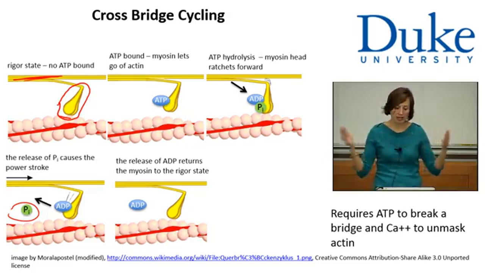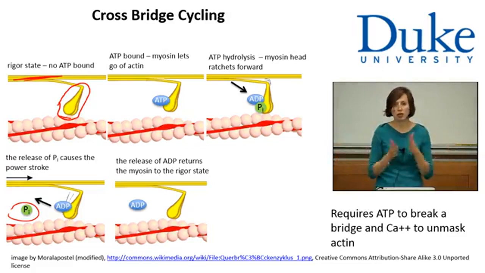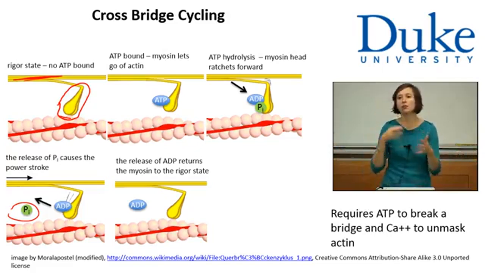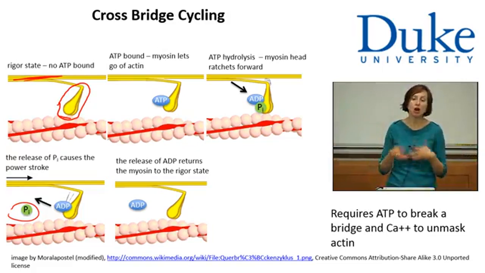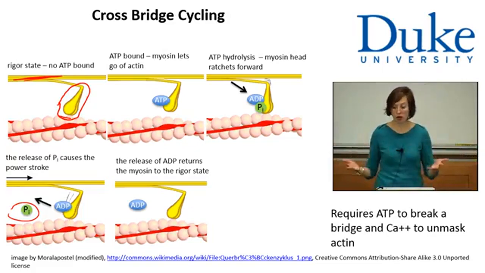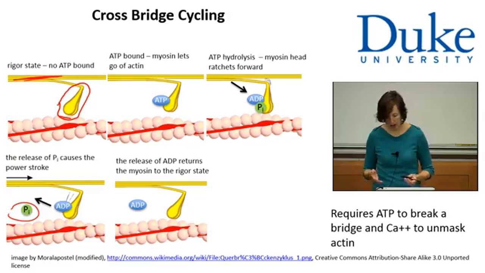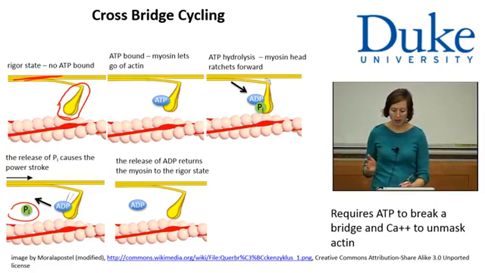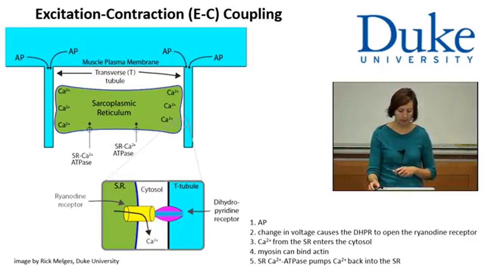That's how we can have a continual contraction and ratcheting closer and closer to the Z lines, even when individual heads are no longer bound to the actin because of where they are in the cycle. So this means that what we're going to need for contraction is ATP, which we're going to assume is going to be present really in all circumstances. We'll talk about the sources of that ATP in the next lecture. And then we're going to need calcium so that myosin can bind actin in the first place.